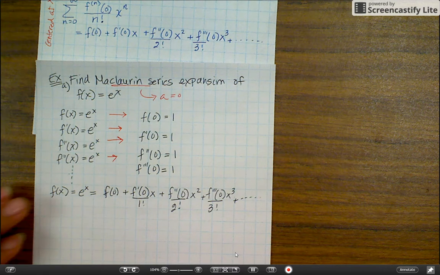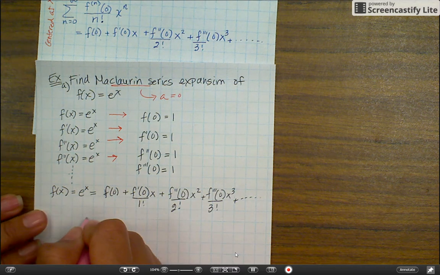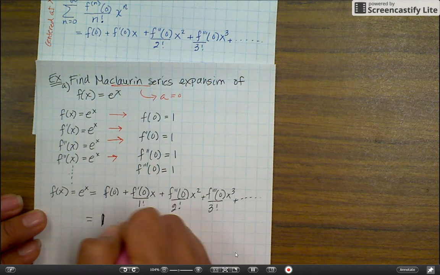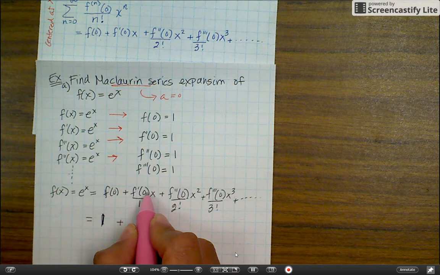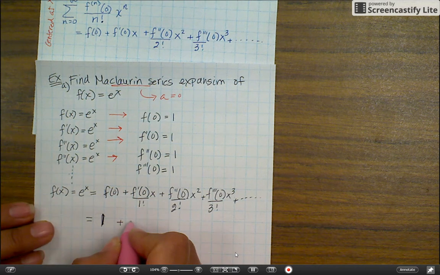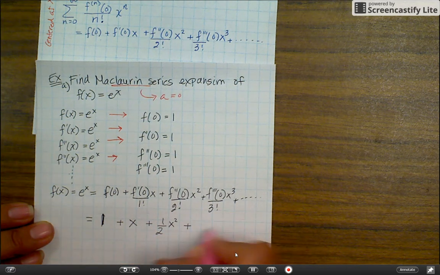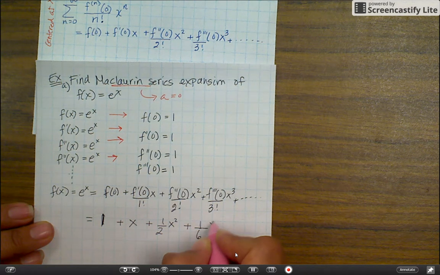All right, so now let's substitute it in. So this is, f of 0 is 1 plus, that's 1 over 1. So that's just going to be x plus 1/2 x squared plus 1/6 x to the third, right?